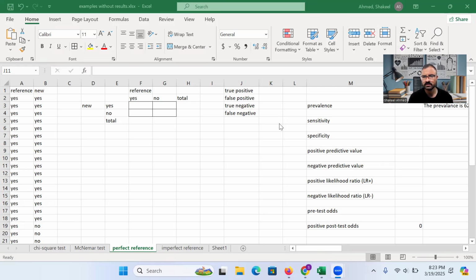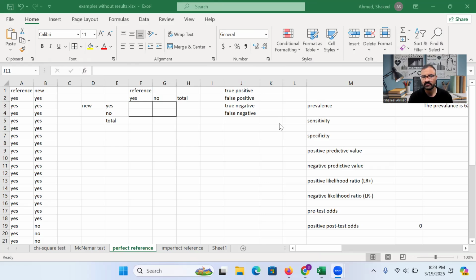So we need to check or evaluate the performance of those tests based on a certain gold standard or some reference test. When we have a perfect reference, then we can directly compare with that value.